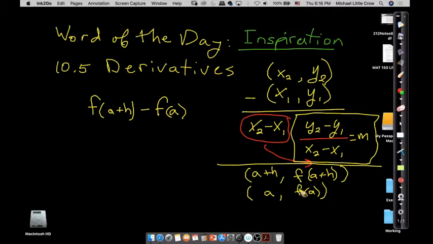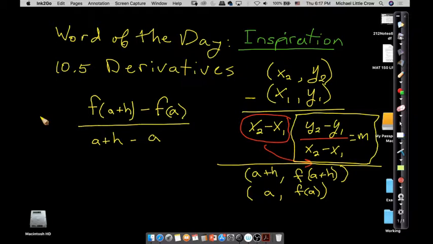So notice I'm taking the y values, putting them up in the formula. What do I put in the bottom? Very good. The first one is a plus h. And the second, I'm subtracting the second x, right? I'm subtracting a. This is the part that they don't include. They just jump to, and you'll see why maybe they don't.